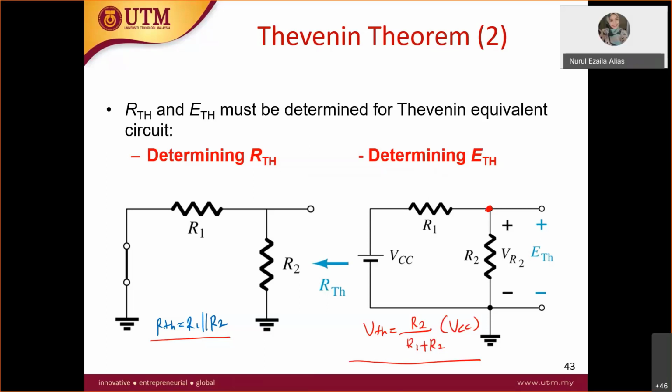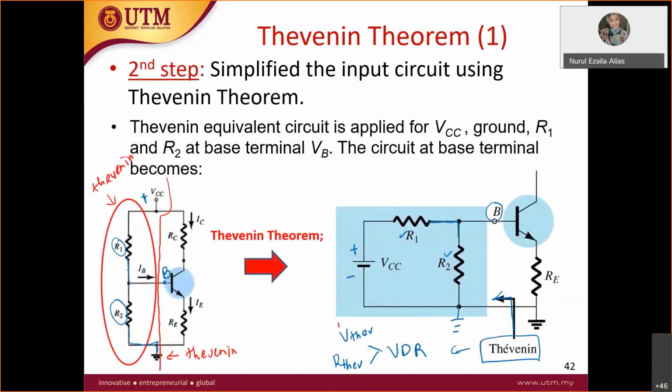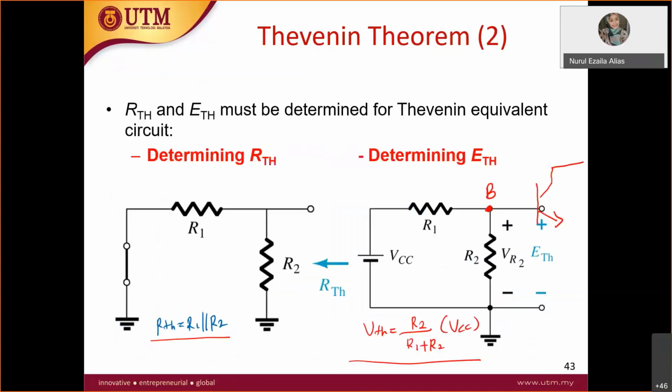So this is your base part just now. You can expect that you have your BJT here, and the front part will be the beginning of your BJT. After you solve the Thevenin part of R1 and R2 using Thevenin theorem, where you got your V Thevenin and R Thevenin, your simplified circuit at the base terminal will go like this.